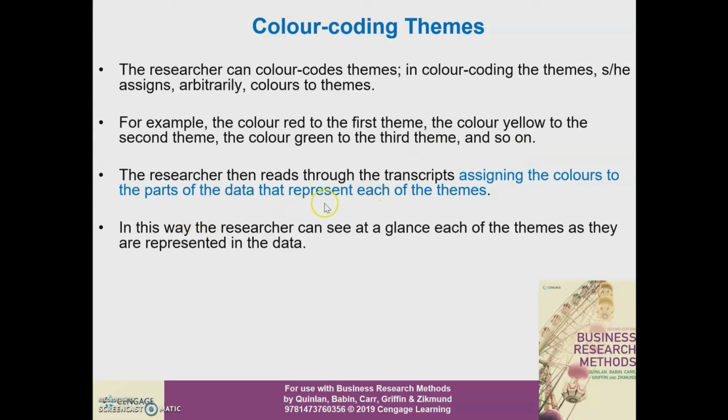You as a researcher can read through the transcripts, and it can be pages long. So to facilitate your process of differentiating which description from the interviewees talks about which theme, you can assign the colors to the parts of the data that represent each of the themes. This way, you can see at a glance each of the themes as they are represented in the data.